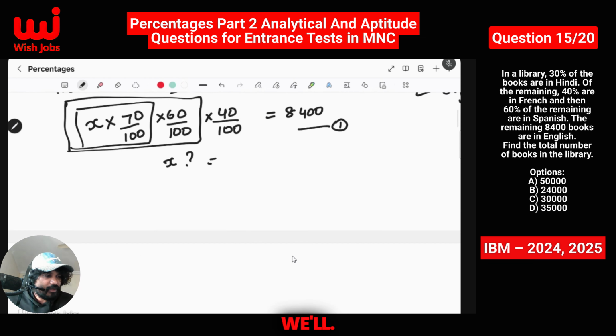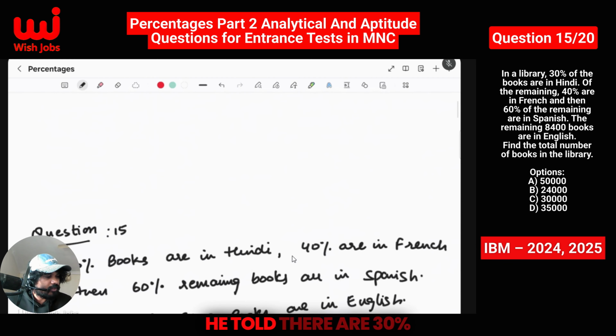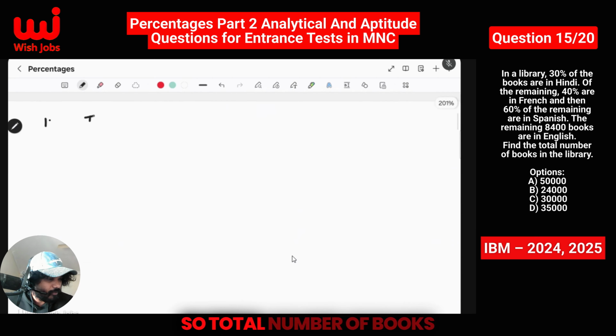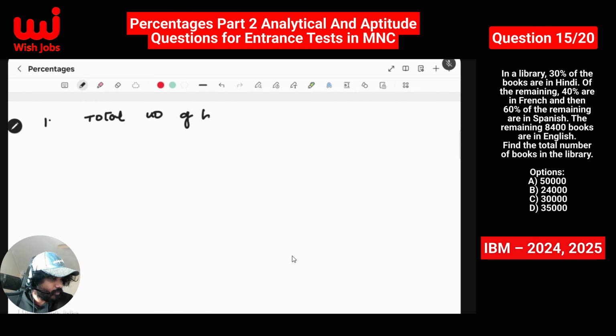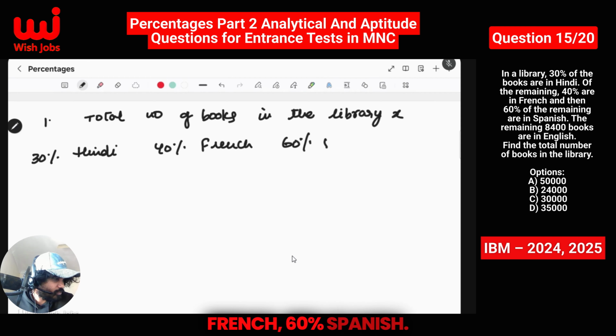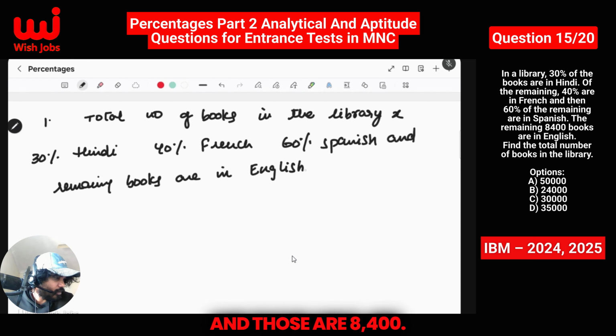Okay, we'll solve it again. Do not worry. The first statement: 30% of the books are in Hindi. The total number of books in the library is X. 30% Hindi, 40% French, 60% Spanish, and the remaining books are English, and those are 8,400.